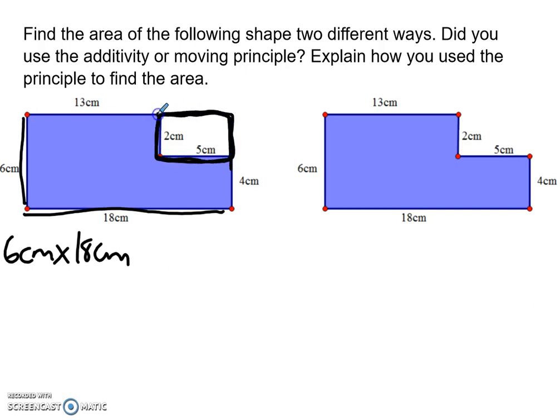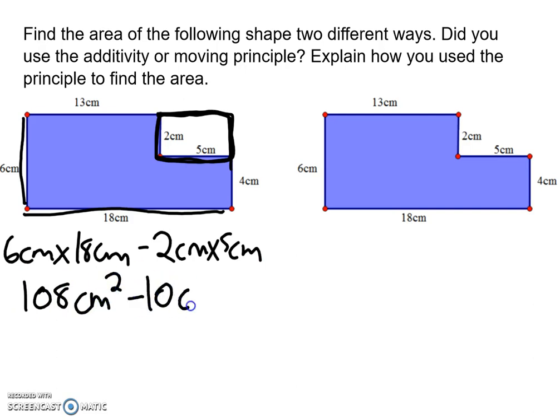So even though with additivity we think about adding the different parts, we can also subtract a piece. So I could say minus 2 centimeters by 5 centimeters. I'm going to remove that small rectangle. So if I do this, I have 108 square centimeters minus 10 square centimeters, which is 98 square centimeters.